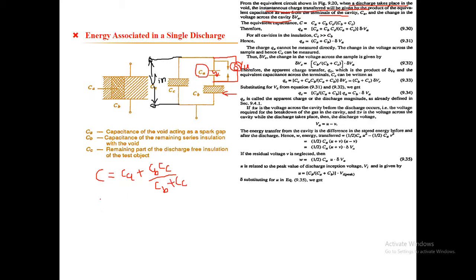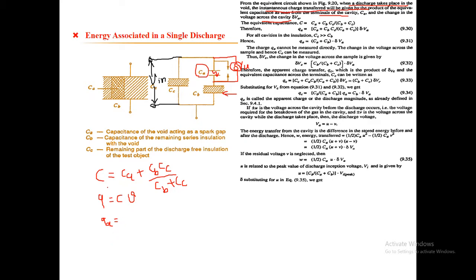Now we know that Q is equal to C into V. That is the empirical formula to calculate the amount of charge when one knows the value of capacitance and the voltage magnitude. So this QA is the charge that is transferred by the cavity capacitor on the closure of this switch. As a result, the voltage across it is going to change. QA is the amount of charge transferred from the cavity area to the healthy area of the insulation.